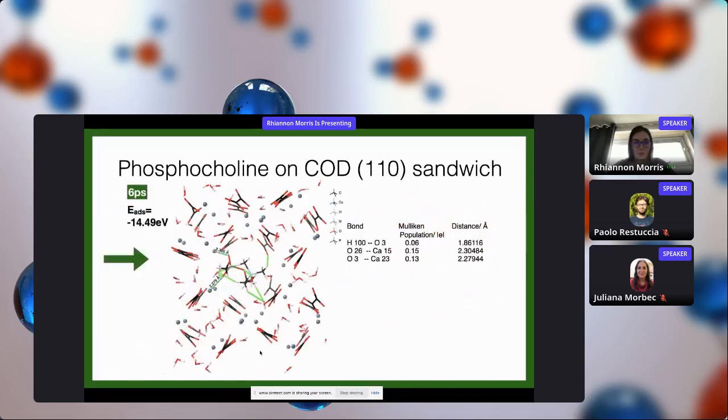After 6 picoseconds, it was around a minus 14.5 electron volt absorption energy. And this again is mediated by 2 oxygen-calcium ionic bonds, which have a molecule population of around 0.15 and 0.13, which shows that they're fairly strong. And then there are numerous hydrogen bonds between the phosphocholine and oxygens and hydrogens in the surfaces.